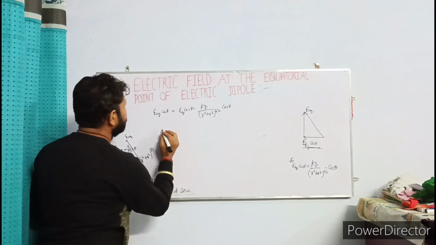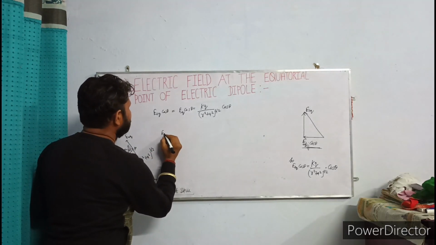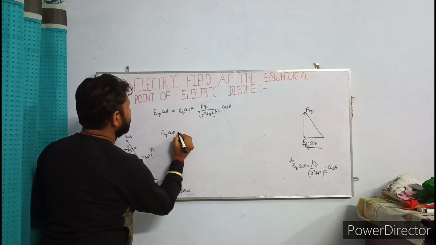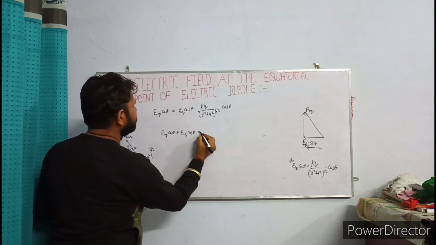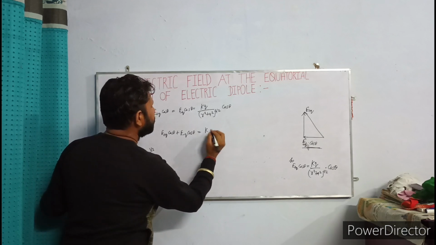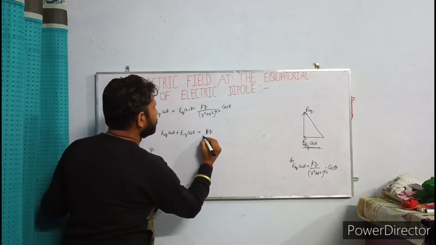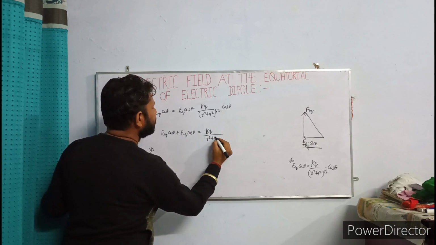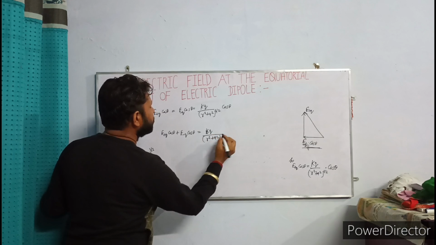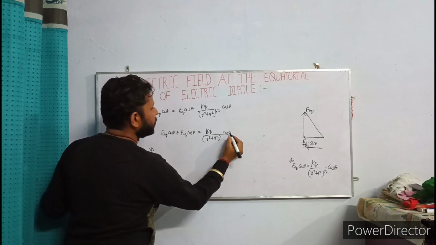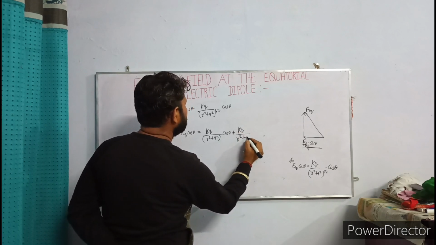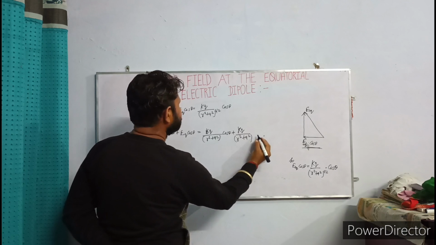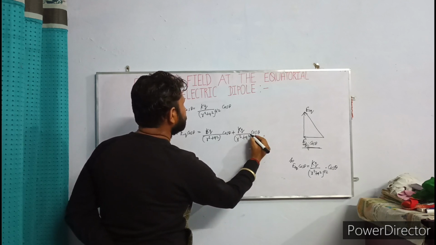So E plus Q cos theta plus E minus Q cos theta equals KQ upon r square plus a square cos theta, plus KQ upon r square plus a square cos theta.